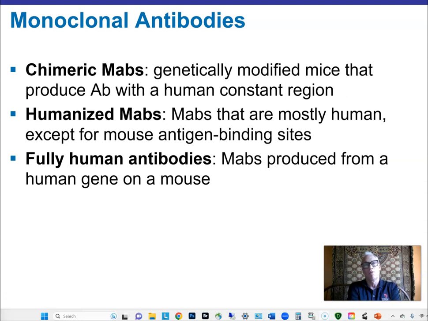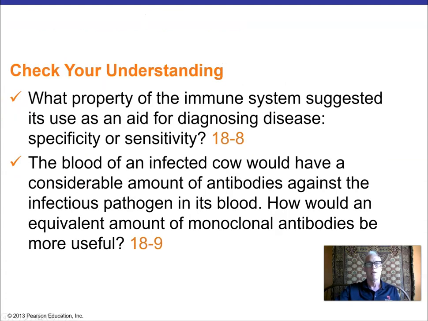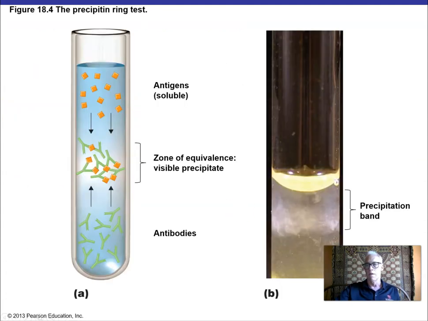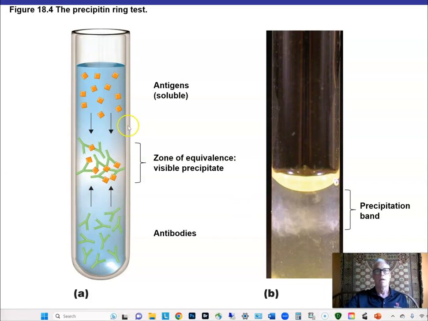There's a whole bunch of different strategies that range in the amount of human likeness of the monoclonal antibodies, to reduce the foreignness of the antibodies and the kinds of side effects that are associated with their infusion. You have to infuse these antibodies into the circulation of the patient on a periodic basis to get the results. Some other assays for antibodies and antigens.